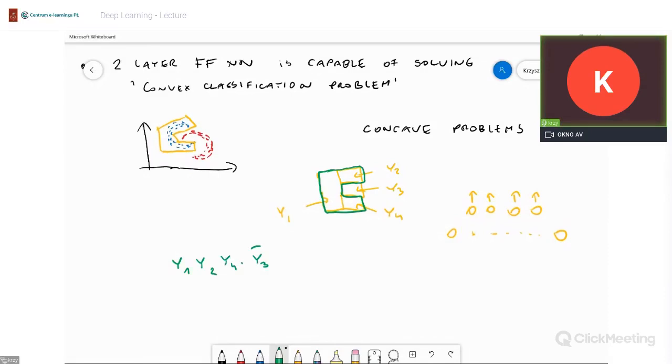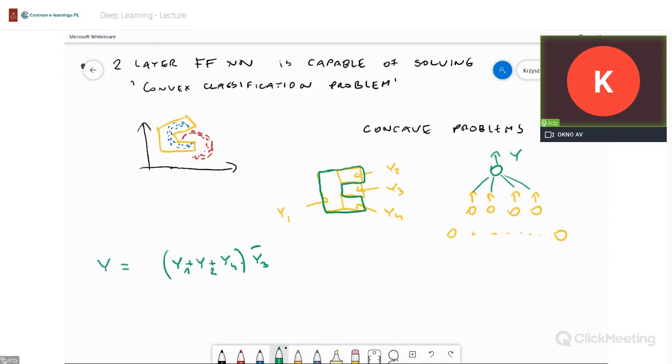Basically, I have a Boolean expression that involves AND and OR operations, and all of this can be done with a neuron. So a natural way to solve this problem is to just add a neuron. The result of this neuron will be a concave region.